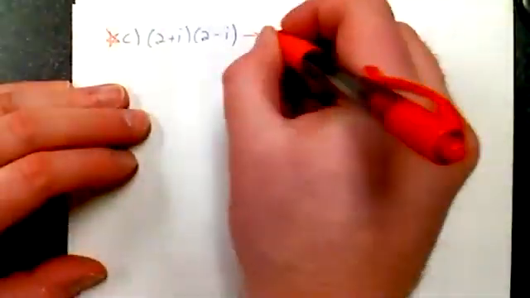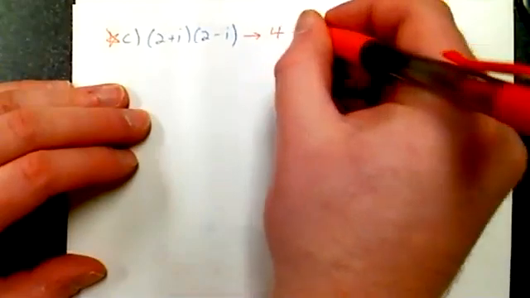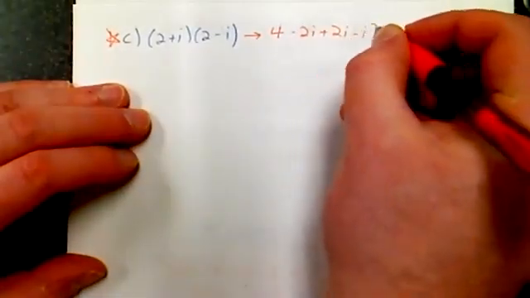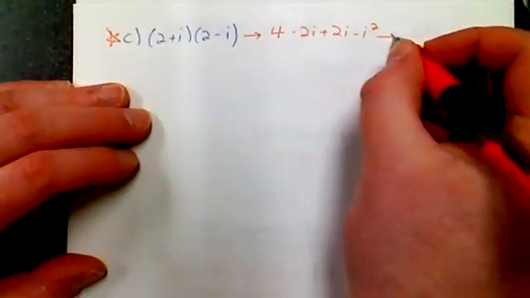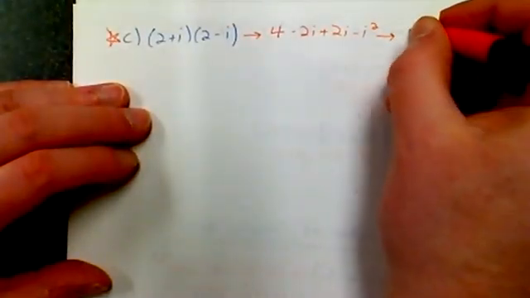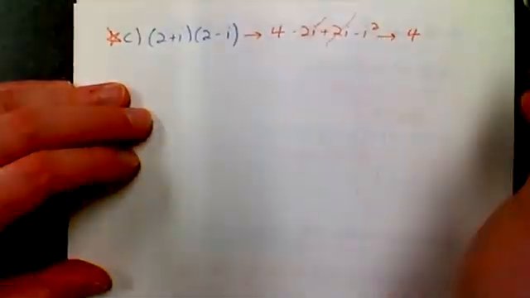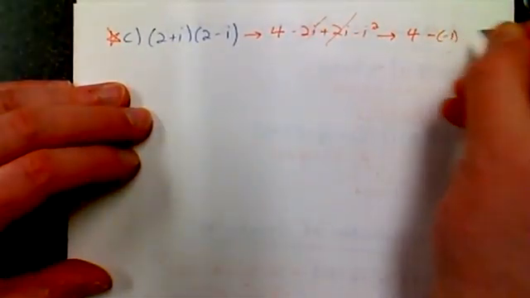The last one I want to do is this one, and I put a little star by it. It probably looks pretty easy, okay? If we FOIL it out, we're going to get 4 minus 2i plus 2i minus i squared. That, of course, is going to be 4. The i's cancel, and that's going to be minus negative 1.